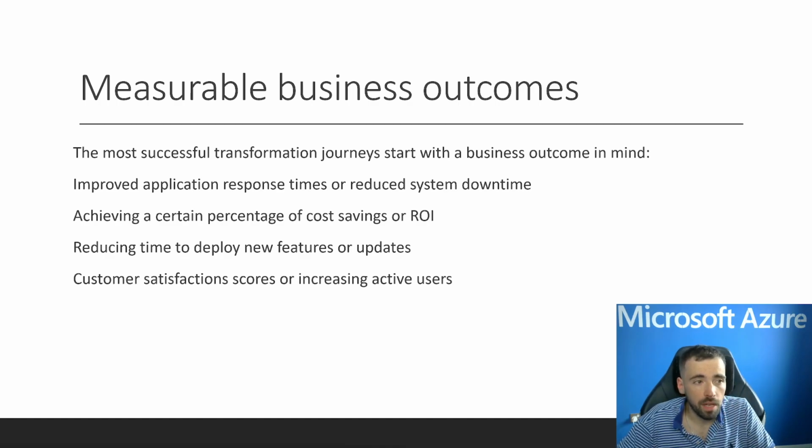So the most successful transformations start with the business outcome in mind. Some examples are improved application response time or reduced system downtime, achieving a certain percentage of cost savings or return on investment, reducing time to deploy new features or updates, customer satisfaction scores, or increasing active users. So you'll notice all of these outcomes are tangible and measurable.